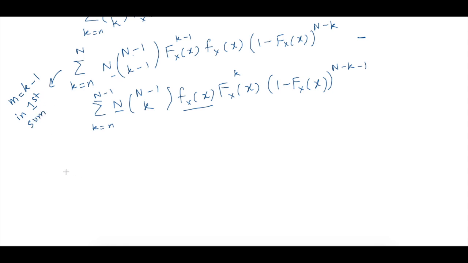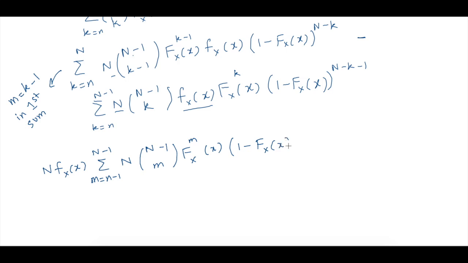So then this means that, let me write n f of x outside, and this becomes the sum over m equal to n minus 1 to n minus 1, of (n minus 1 choose m) F(x)^m, and then (1 minus F(x))^(n minus m minus 1).